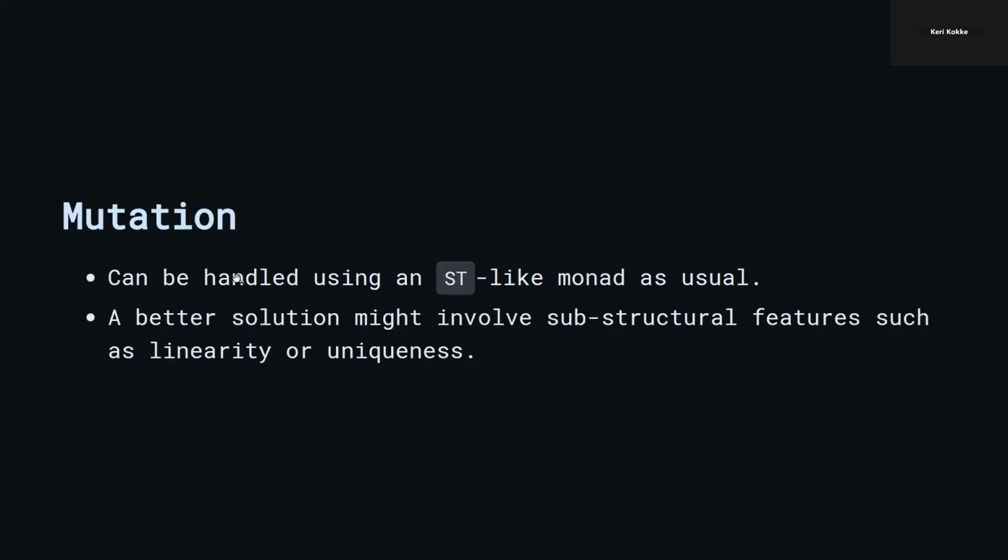Then mutation of data, which is also important when you have unboxed data. I haven't talked a lot about it, but generally it can be handled in a similar way to usually in functional languages, with an ST monad or something similar. But maybe a better solution might involve having substructural features like linearity or uniqueness.